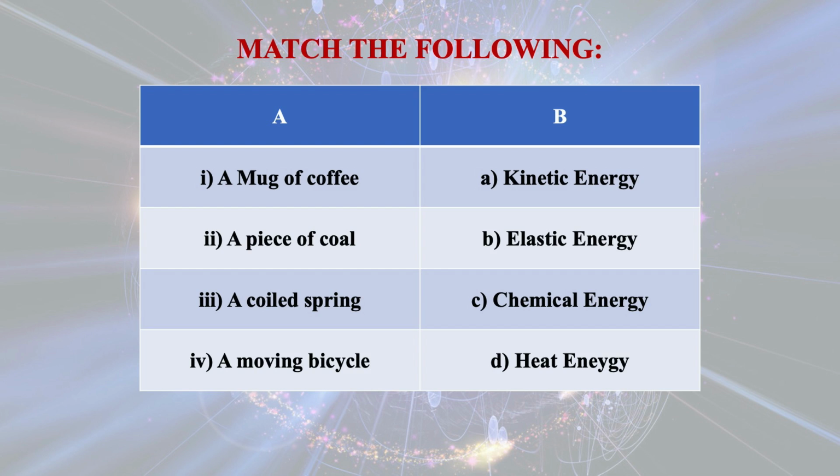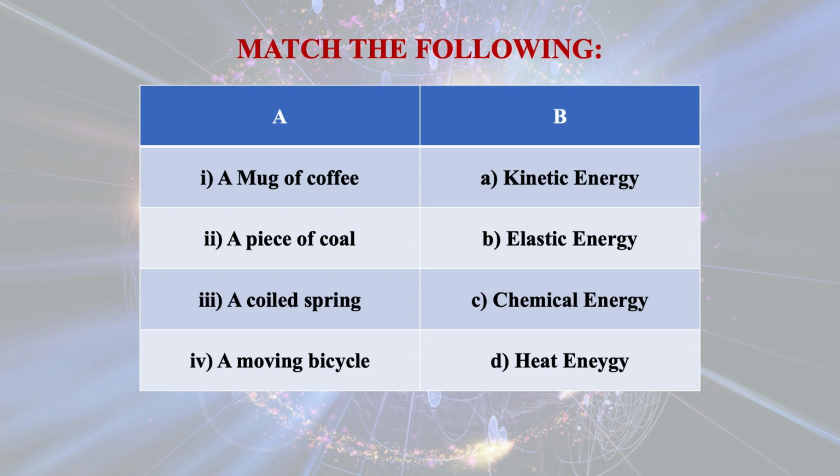Before discussing the main topic, let us first discuss the matching problem. There are two columns, column A and column B. In column A, four items are given: a mug of coffee, a piece of coal, a coiled spring, and a moving bicycle.